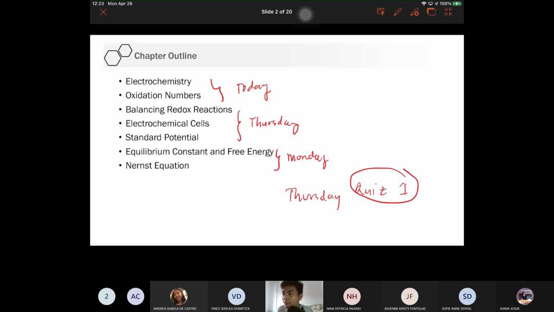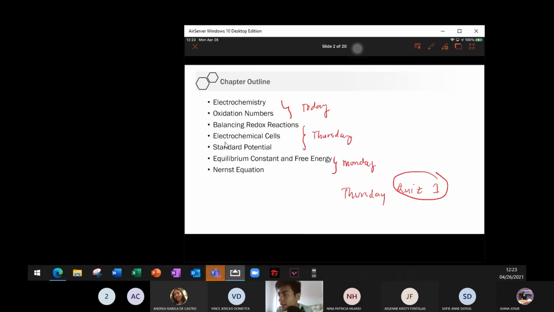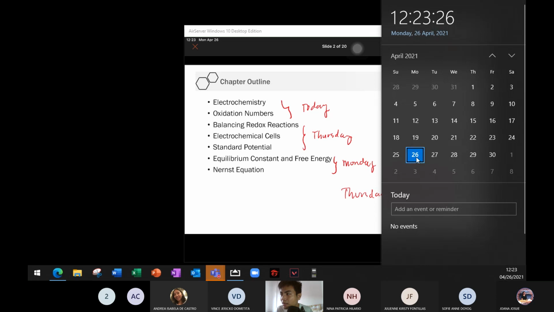Okay, isang quiz lang. So this is our schedule today. Ito yung na-discuss natin. Sa Thursday, ito naman. Then sa Monday uli, next week, ito naman. And on Thursday, I will give you the entire time to take the quiz. So entire time, and also keep in mind na malapit na matapos yung SEM natin.